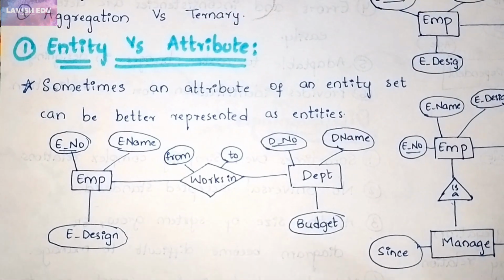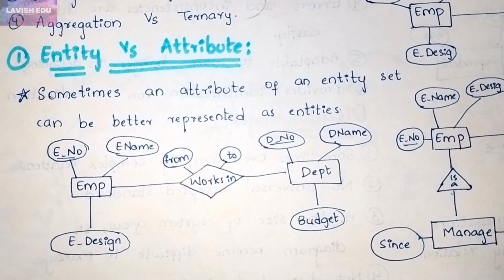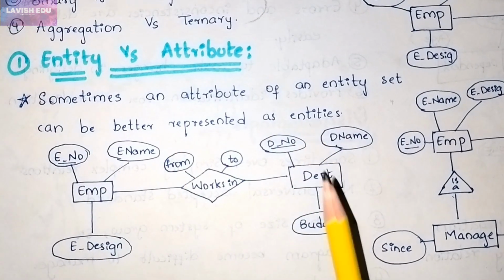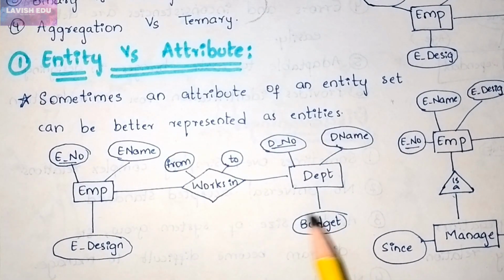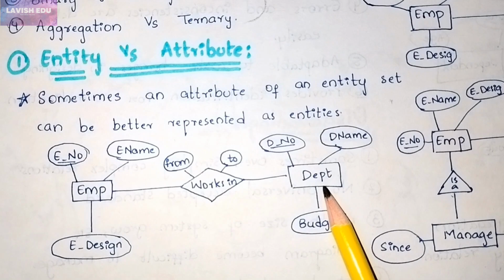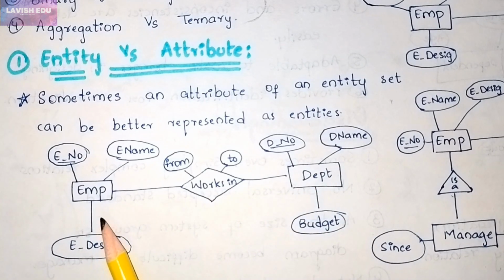First we have entity versus attribute. Sometimes an attribute of an entity set can be better represented as an entity. Suppose in this example, employee is an entity, department is also an entity. The relationship between the employee and the department is works in. Employee works in department.